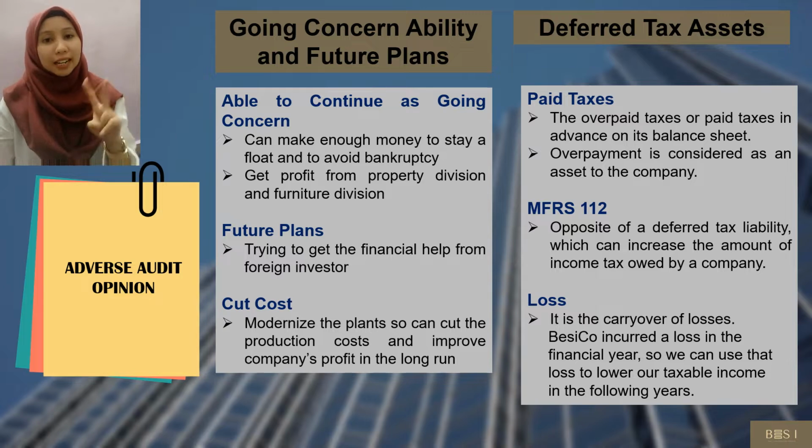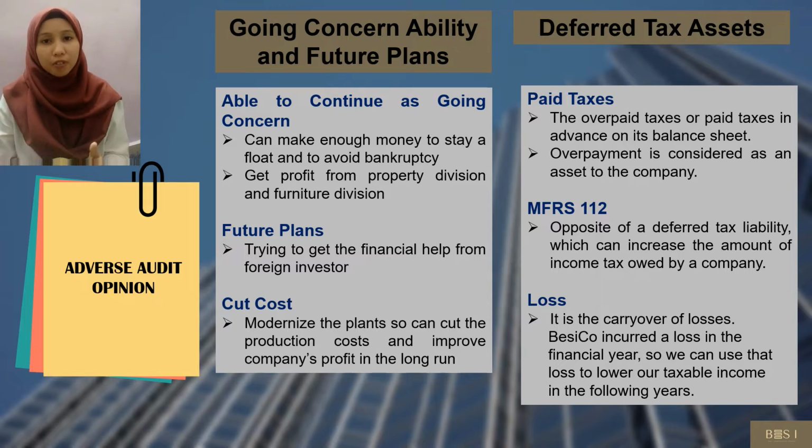For the second audit query, it is about deferred tax asset. In paid tax, the overpaid tax or tax paid in advance is on its balance sheet. The overpayment is considered as an asset to the company.